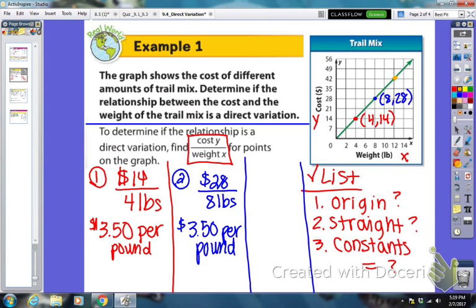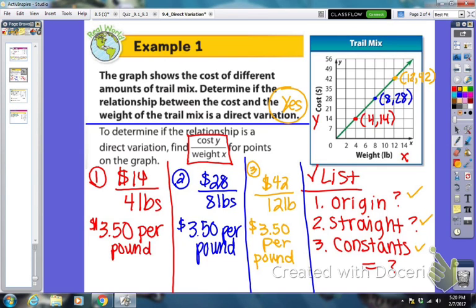The third point right here is 12, 42. So for $42, you get a 12-pound bag. If you divide those again, you get $3.50 per pound. So all your constants are equal. It went straight through the origin, and so this is a yes. This does display a direct variation equation.